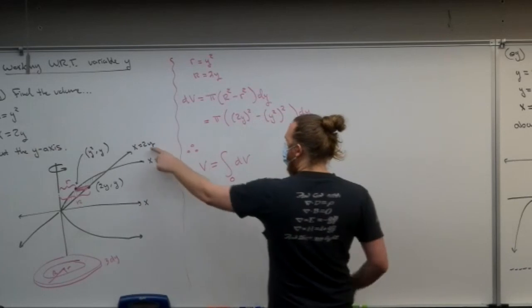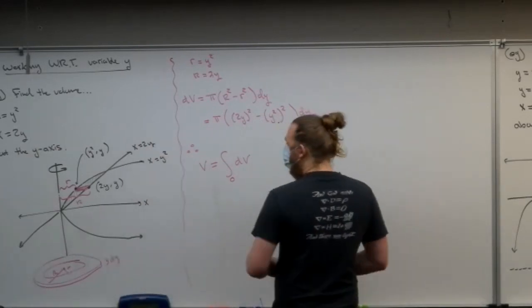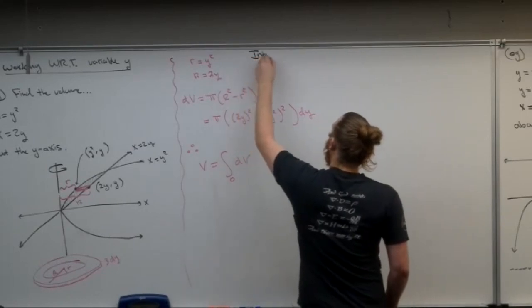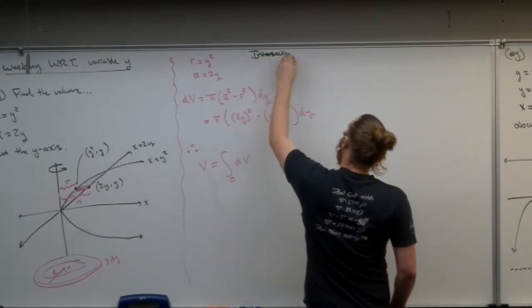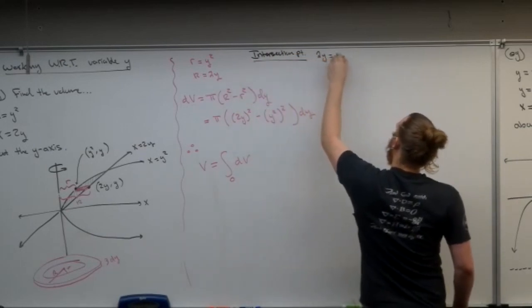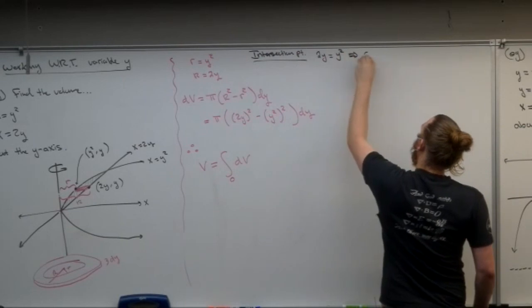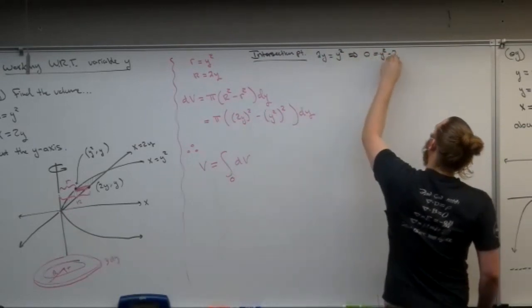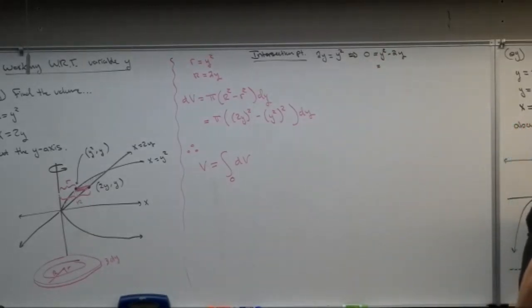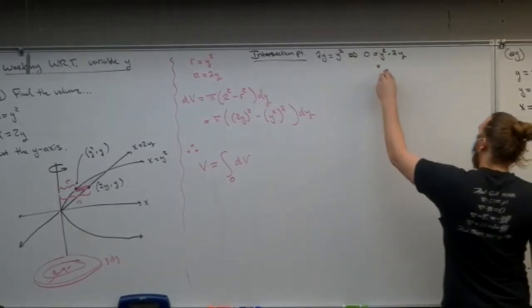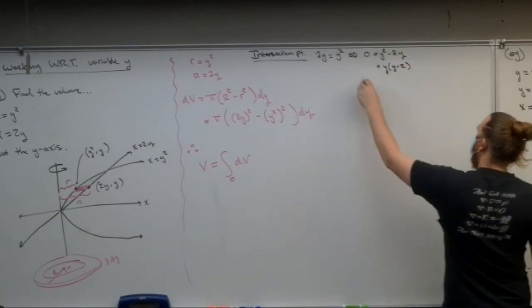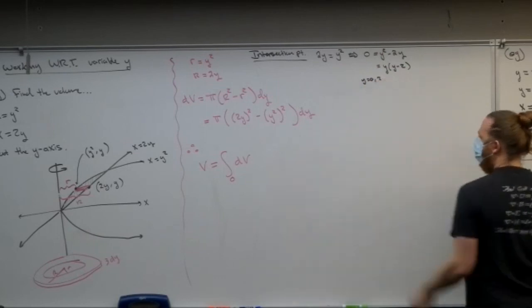So if you set 2y equal to y squared, that means 0 is equal to y squared minus 2y, factor out y. We get y times (y minus 2), so y equals 0 and 2.